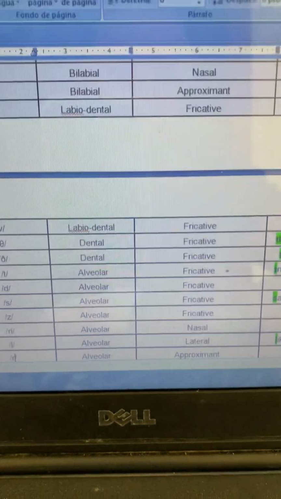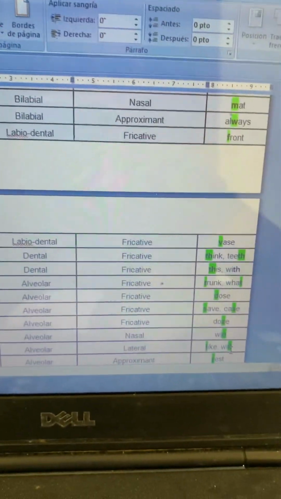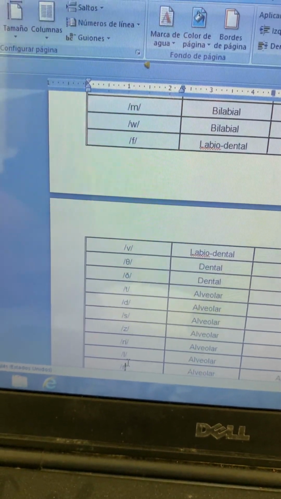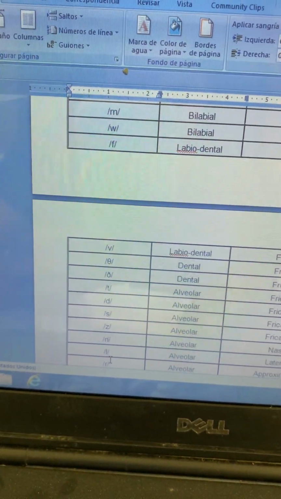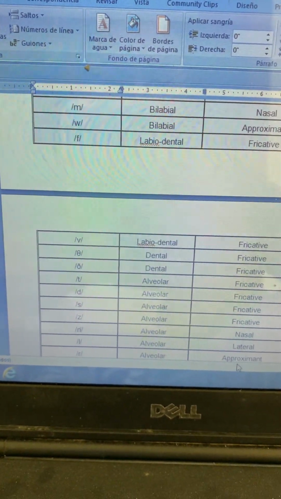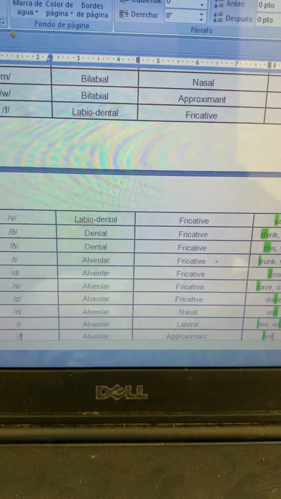For example, like, weir. And here we have the consonant R, which is voiced, alveolar, approximant. For example, rest.